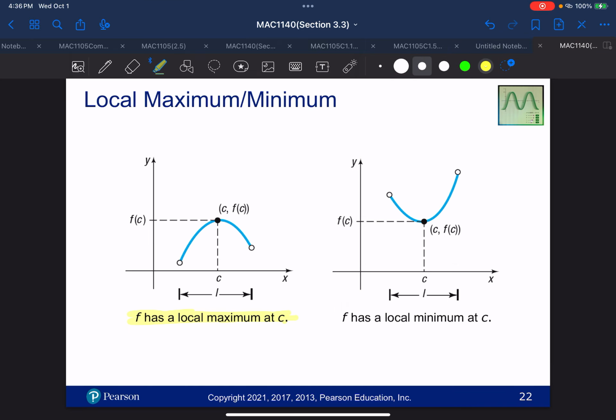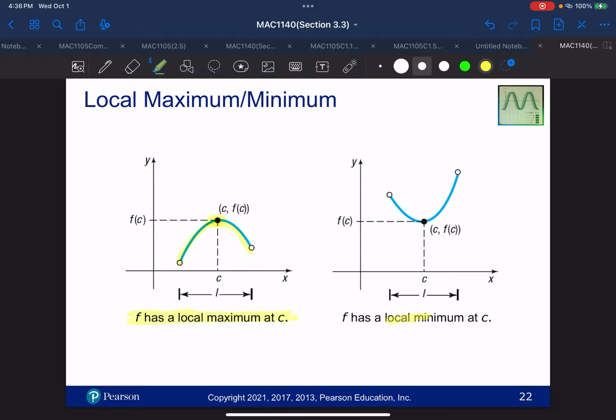And this is because the point here is the largest y value in that closed interval. And so local maximums occur when we have those like peaks of the hills. Like this is like an entire hill. So at that peak of the hill is where we would have a local maximum.